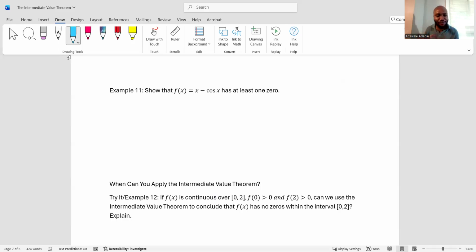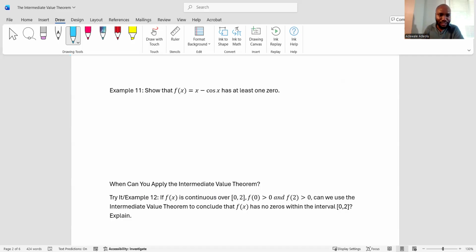So we need to carefully choose our interval. So I start. We do not have an interval, so we need to look for a closed and bounded interval.